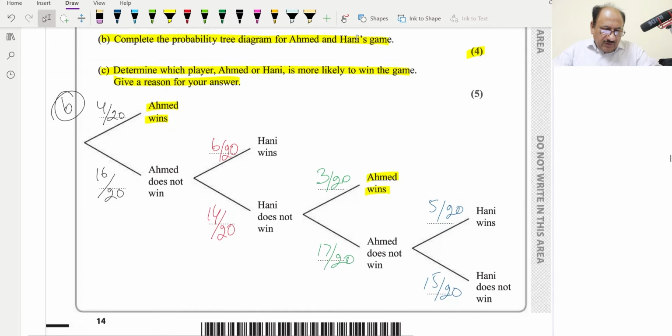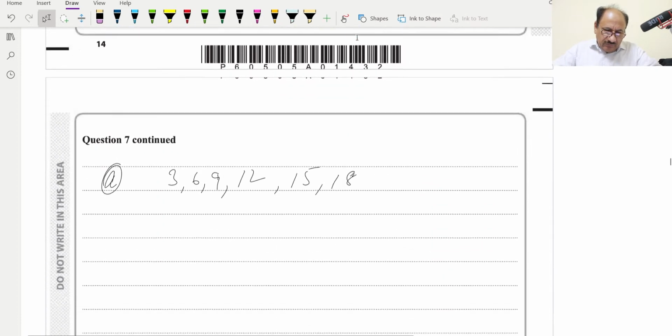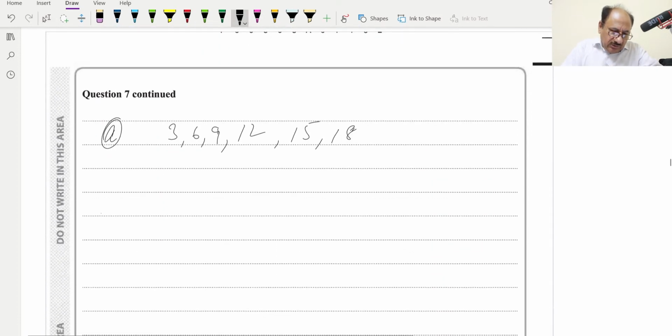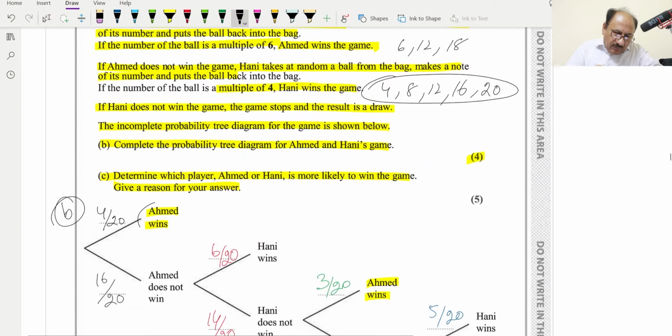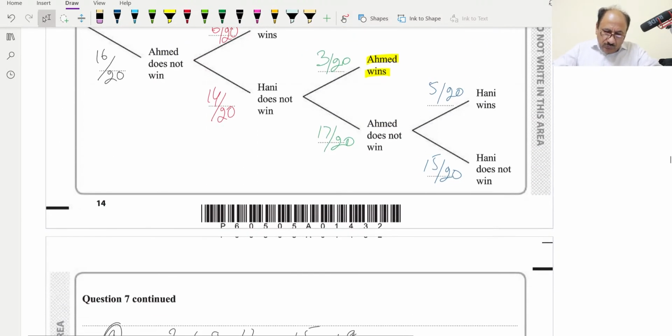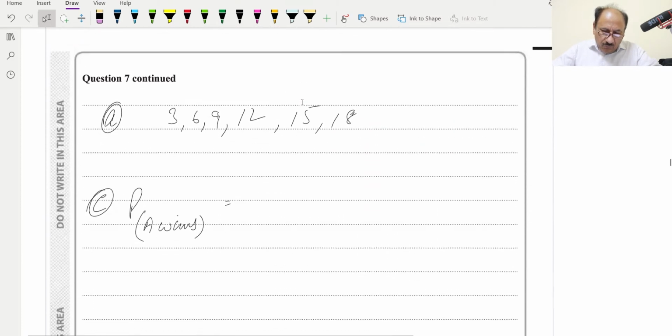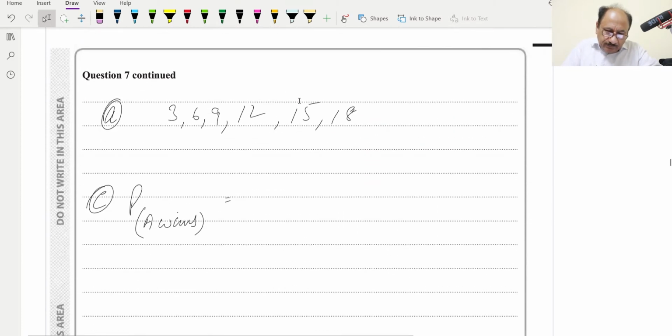So for the C part, we can write the answer over here. The probability of Ahmed winning: for this first one, it will be 4 over 20.